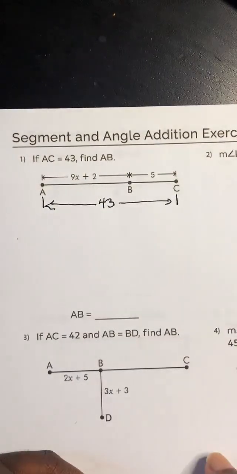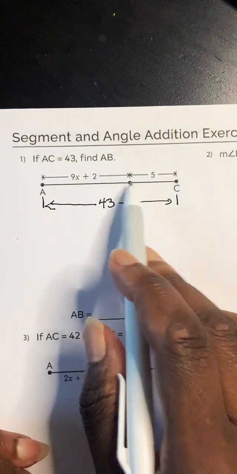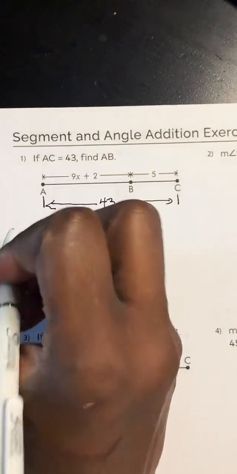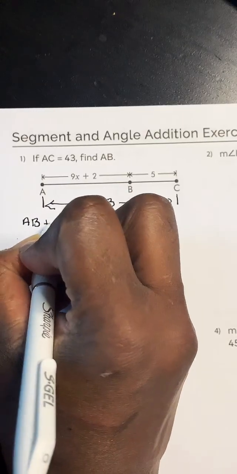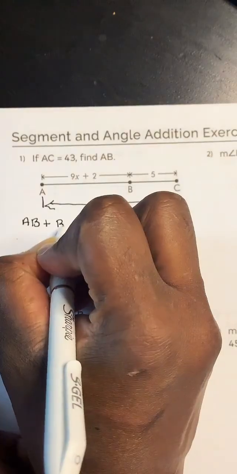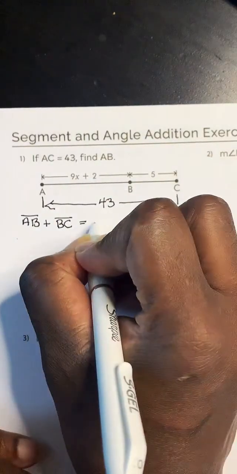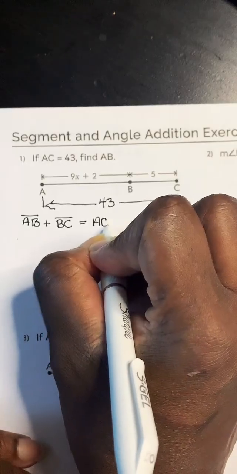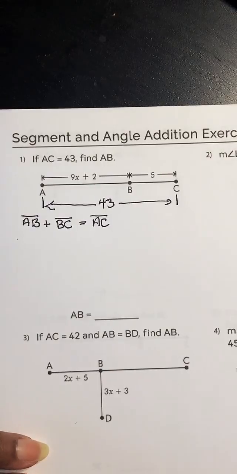So the best way for me to do this is to add these two parts. I'm going to do AB plus segment BC, and it's going to equal the whole thing, which is segment AC. Now let's substitute.